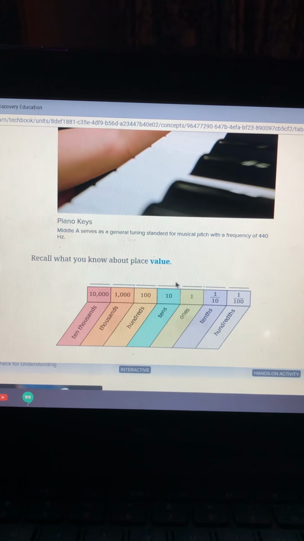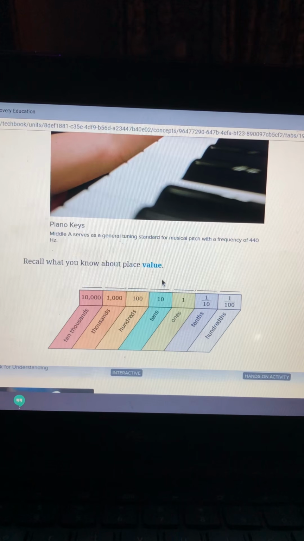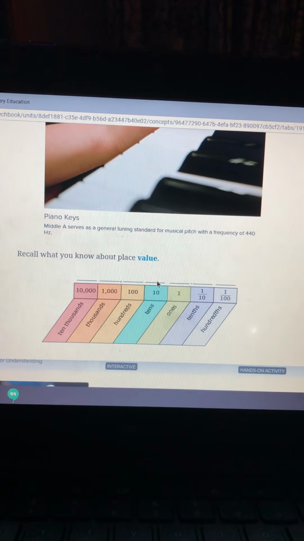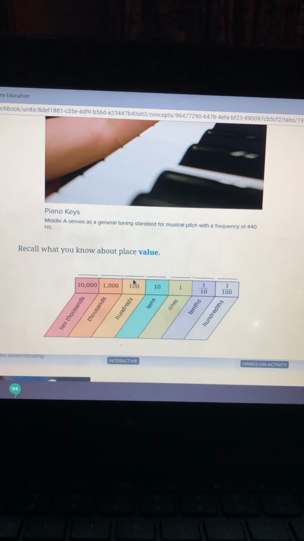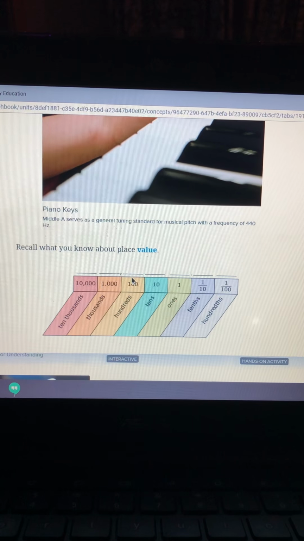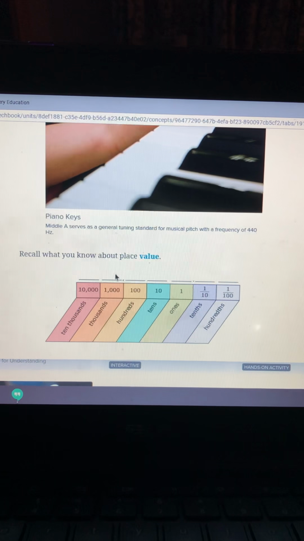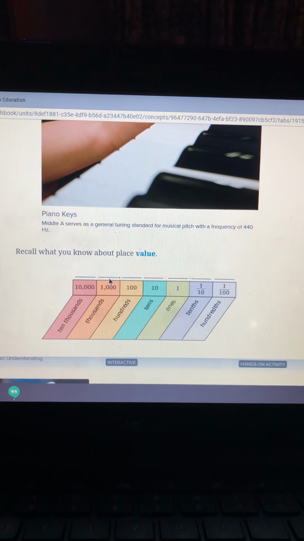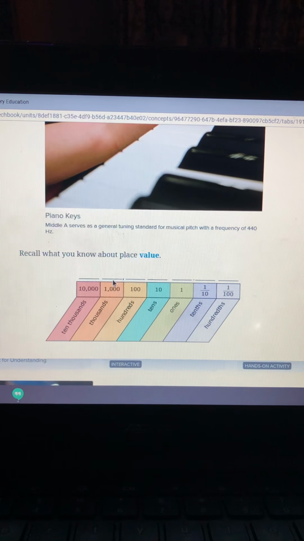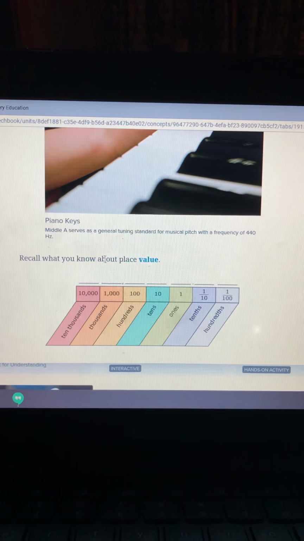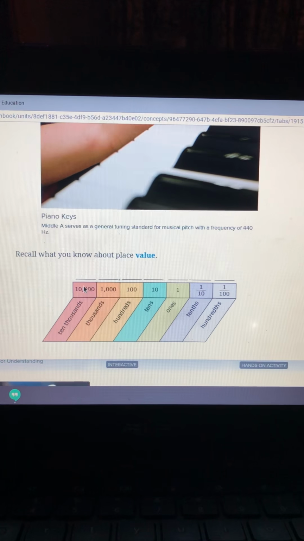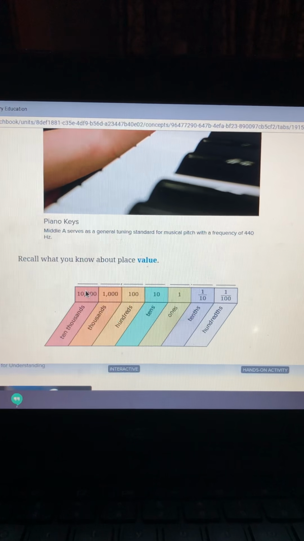If I move over to tens, that would be 10 to the first power. If I move to the hundreds, it'll be 10 to the second power. If I move over to the thousands, it'd be 10 to the third power. And then finally, 10,000s would be 10 to the fourth power.